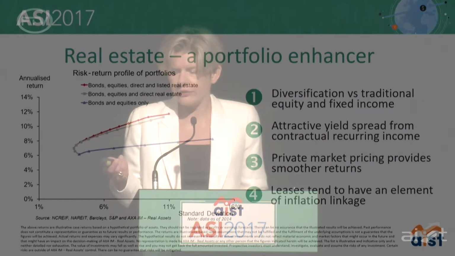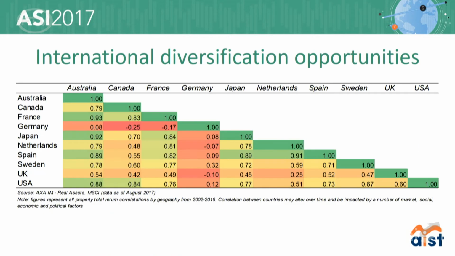It varies a little from one country to another. The sole exception is Germany, which has a very specific indexation system that is less automatic. So real estate in a portfolio makes the case for diversification, attractive yield spread, smooth return, and inflation indexation.